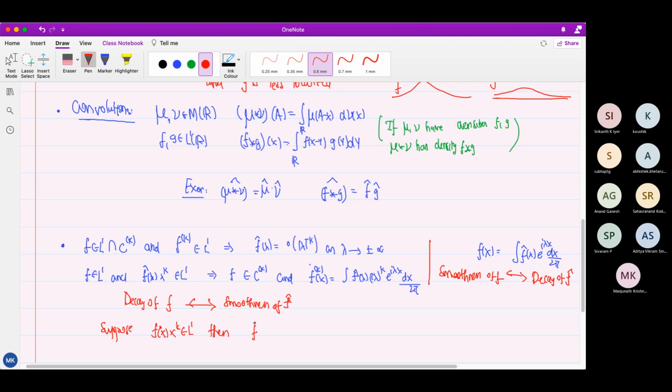Then f hat belongs to C^k, and it will be, in fact, f hat k of lambda. You just write the formula for f hat of lambda: f hat of lambda is the integral of f of x e to the minus i lambda x dx. There is no 2 pi. You just differentiate it k times, and whatever you get will be the integral of f of x times minus i lambda to the power k, e to the minus i lambda x dx. There is no 1 over 2 pi here.